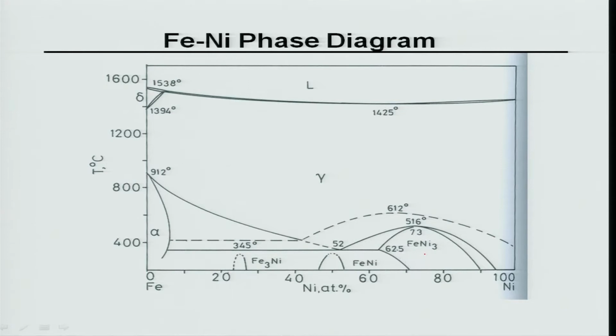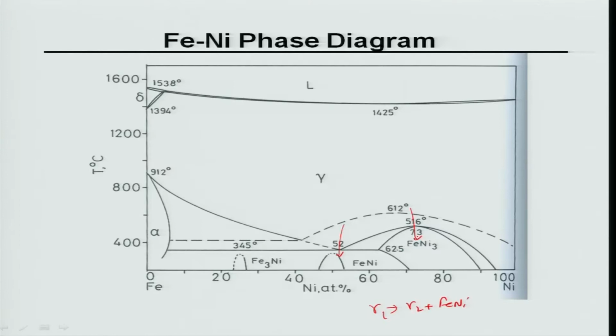But most importantly, you can see here there is a monotectoid reaction at about 52%. So, here gamma 1 transforms to gamma 2 plus FeNi. Similarly there is a phase separation here, but that is not the way a monotectoid reaction happens. That is a different type of phase separation, which if I get time we will discuss later.